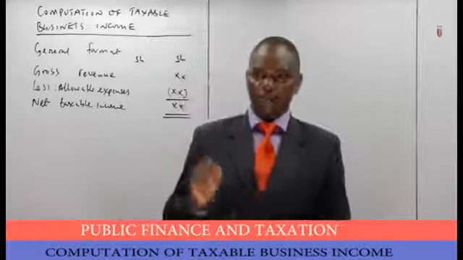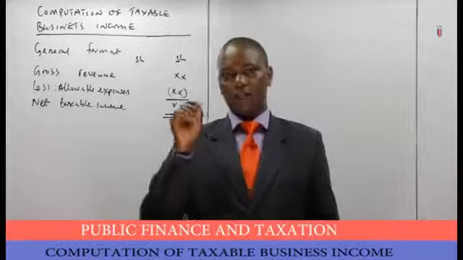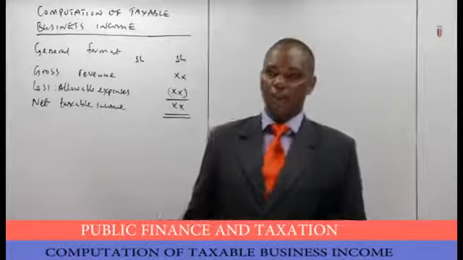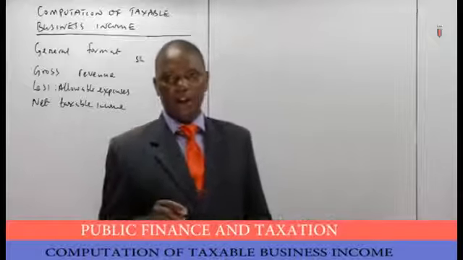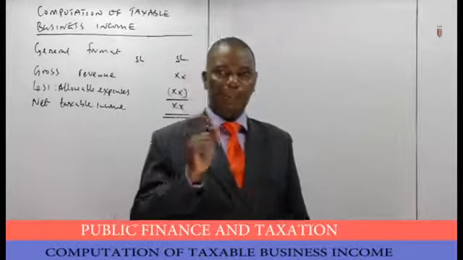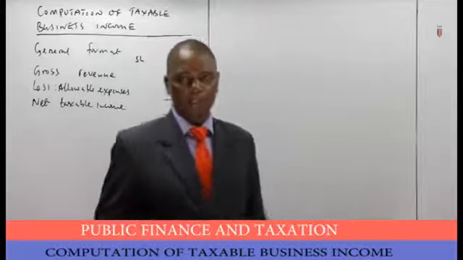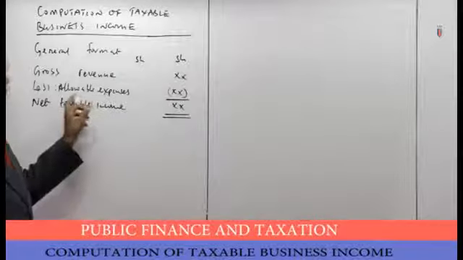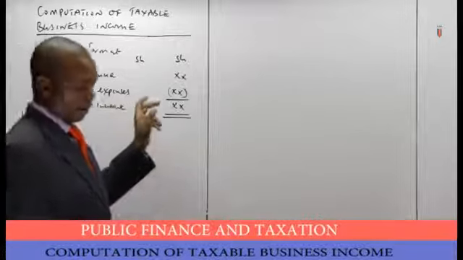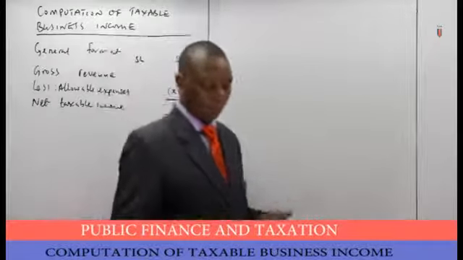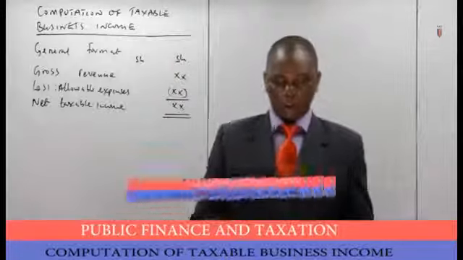So if we know exactly that certain debtors may not be able to pay their debts, and we have made that specific provision, then those are also allowable for tax purposes. They will be part of our allowable expenses. But the general provision for bad debts, as we see later, will not be allowed.